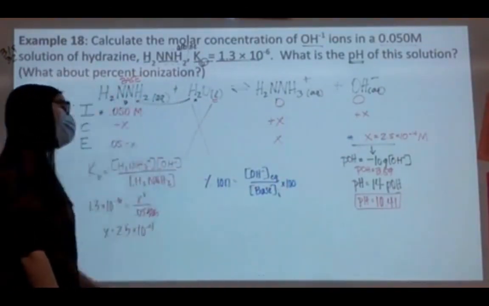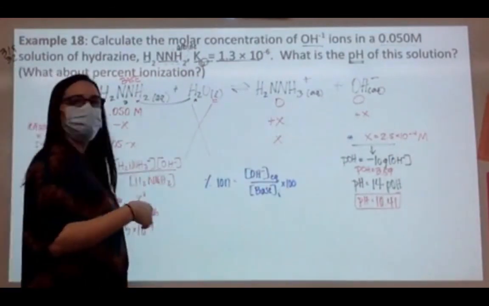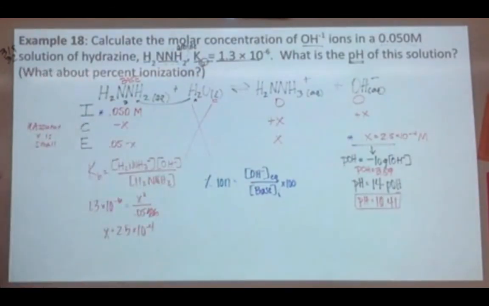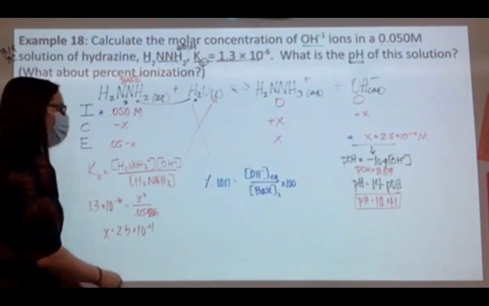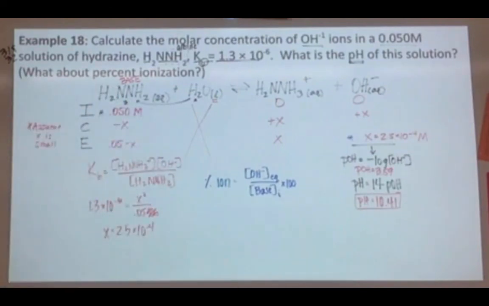So the percent ionization of a base is just slightly different because we're focusing on the OH minus concentration at equilibrium compared to the initial of the base, where for an acid it was H plus at equilibrium compared to initial of the acid. And again, we're not going to actually calculate, but I just wanted to focus on that equation.